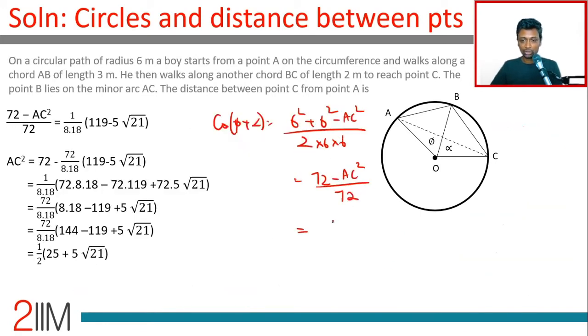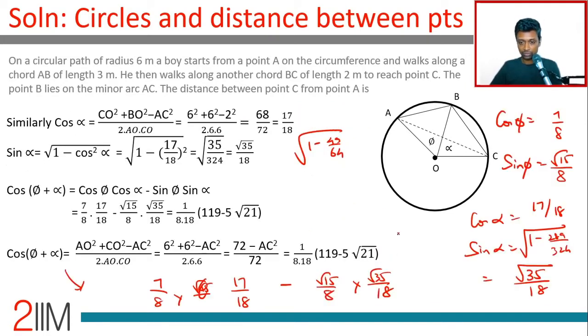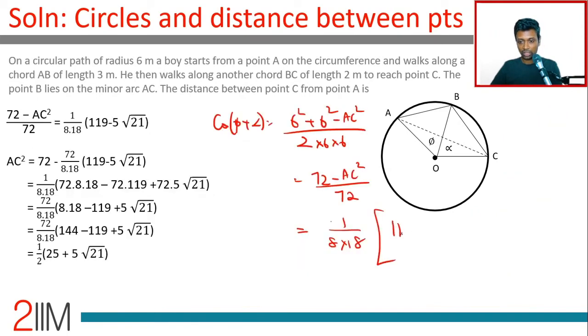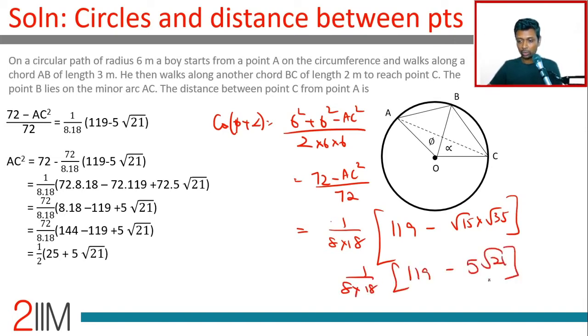And so 1 by 8 into 18, 7 into 17, 119 minus root 15 into root 35. Then extract a 5 outside, 3 into 7, root 21, or 1 by 8 into 18 into 119 minus 5 root 21 equals 72 minus AC square by 72.